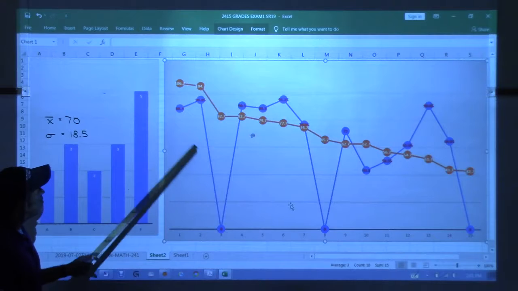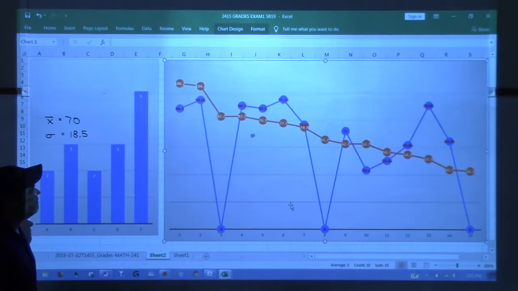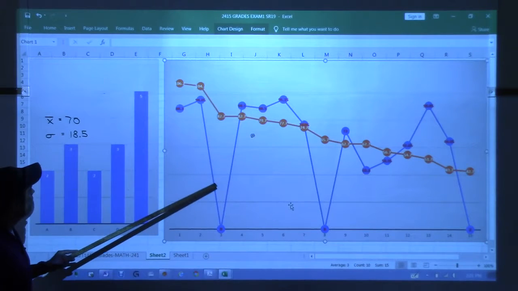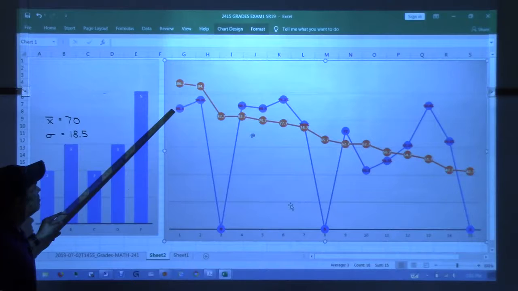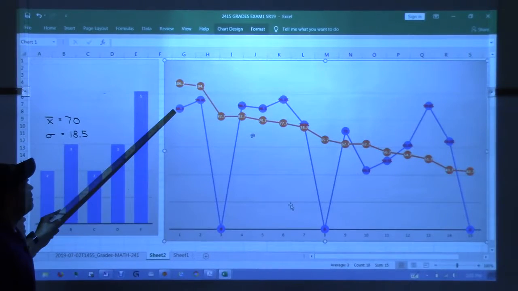Now, the blue with the red, that's a student who's done one or two of the mini exams. It's their average on the mini exam. So, for example, the student who got the highest grade on the test also did at least one mini exam and had a decent grade on that.